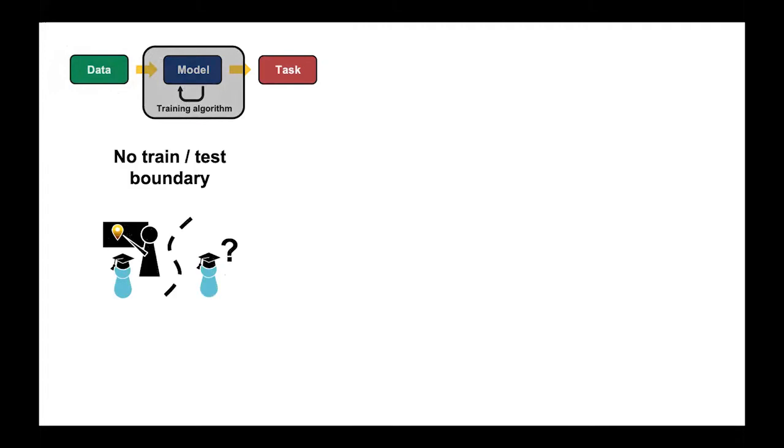Okay, let's look at the model and the training algorithm. There's no boundary between training and testing, and training happens simultaneously. The kid learns about the task as he performs the task.